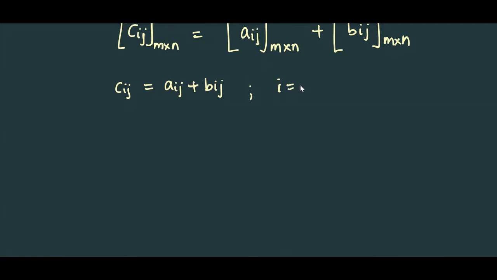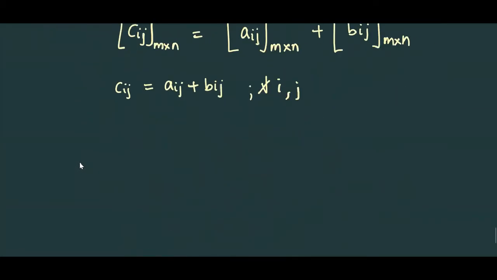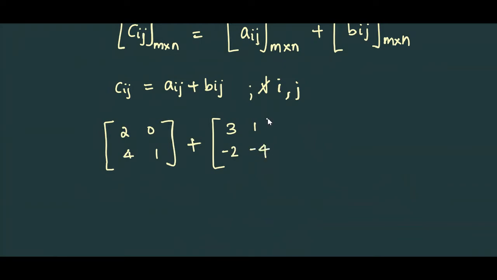So for every i and j, Cij is equal to Aij plus Bij. So let us say there are two matrices. Matrix A is 2, 0, 4, 1, and matrix B is 3, 1, minus 2, minus 4.